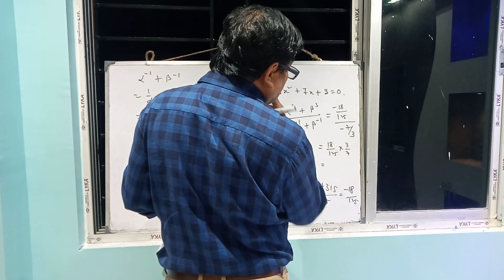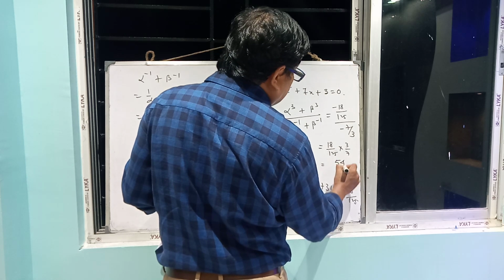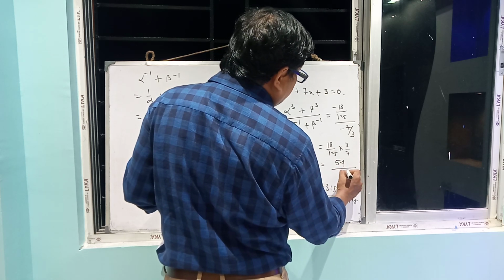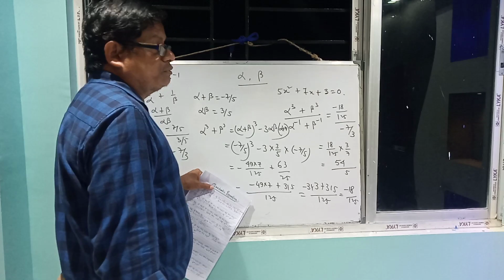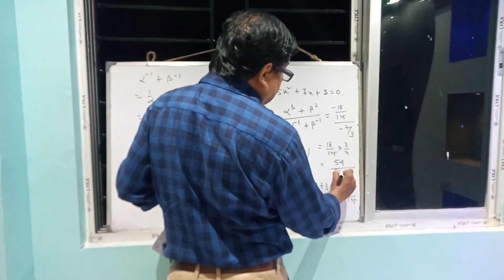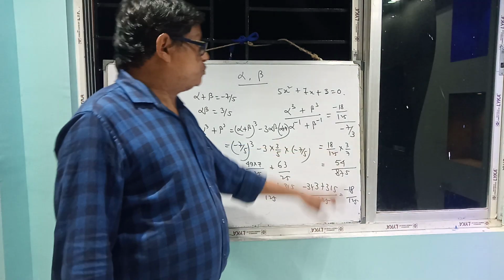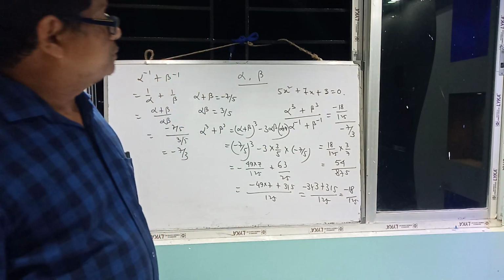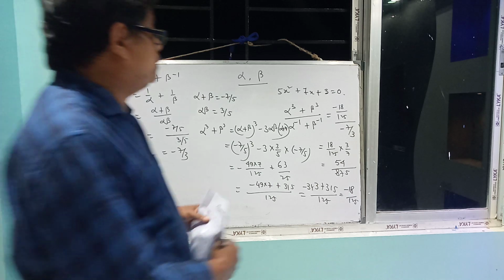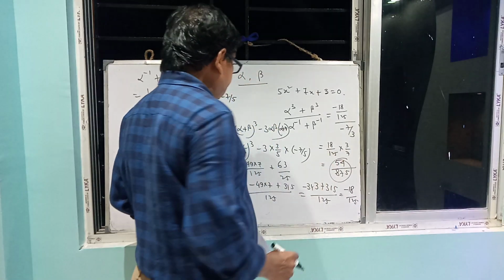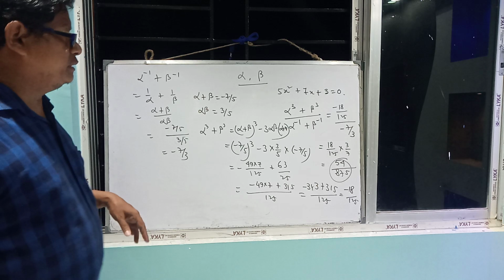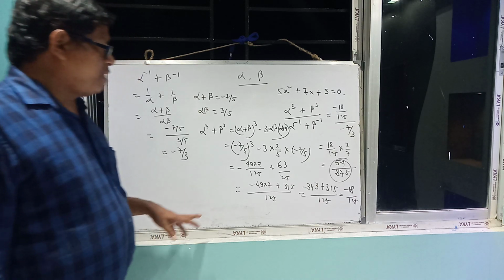So here, the answer will be 54 by 875. If there are no mistakes, I think there are no mistakes.